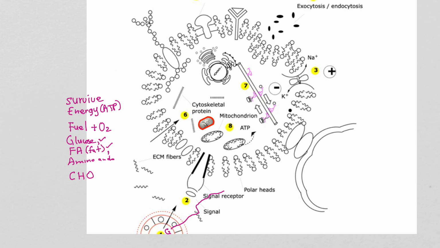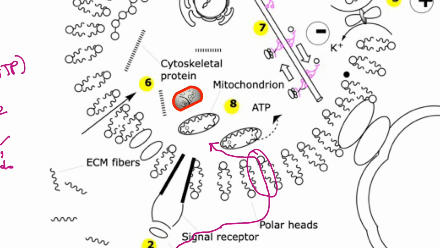Let's say there is a transport protein here, and the glucose will enter the cell, and it will be broken down into smaller pieces, and the carbons and the oxygens will come out as carbon dioxide, while the hydrogens will be removed.